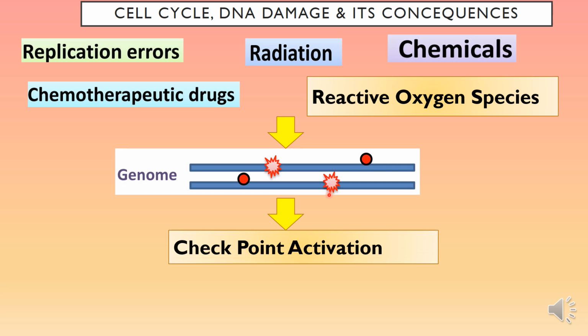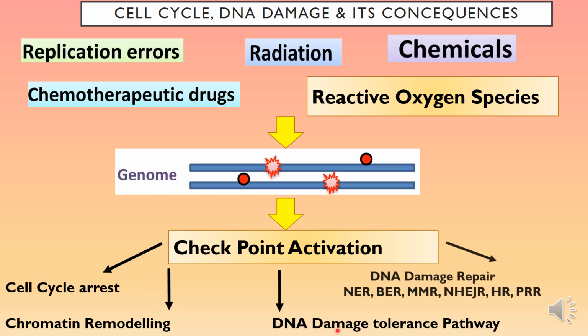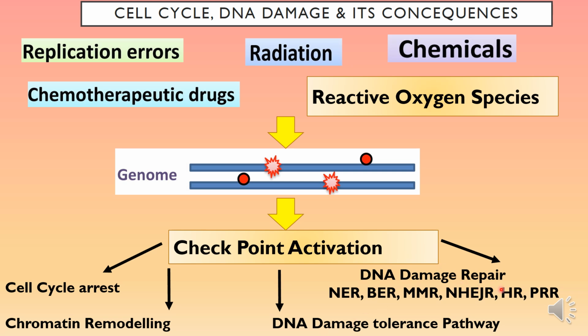The genome then has checkpoint activation in the cell cycle, and the cell cycle first undergoes cell cycle arrest, which means if any damage is formed, first the cell cycle stops further replication of DNA. There is chromatin remodeling, the DNA damage tolerance pathway begins, and the DNA damage repair mechanisms now start.